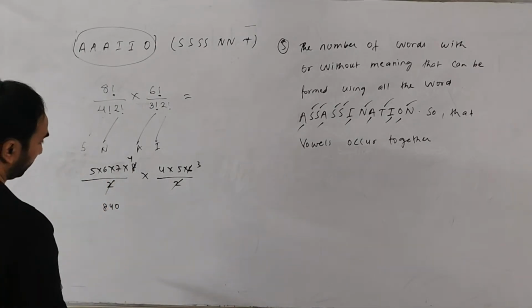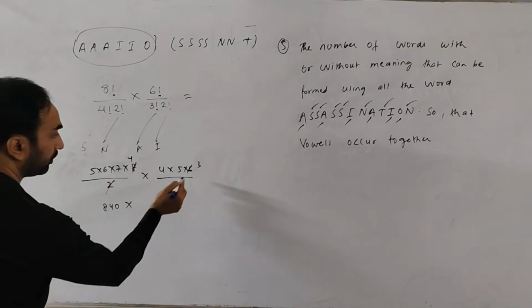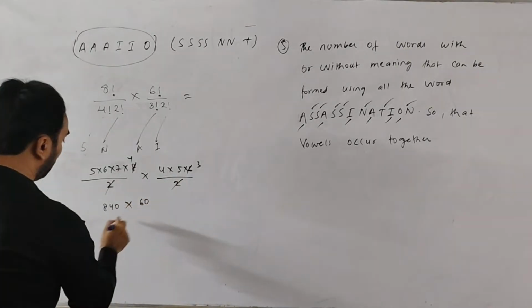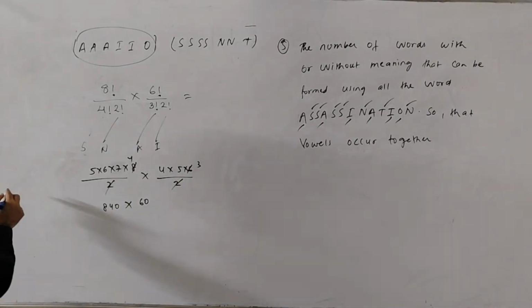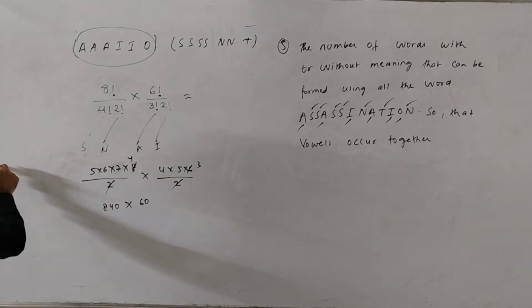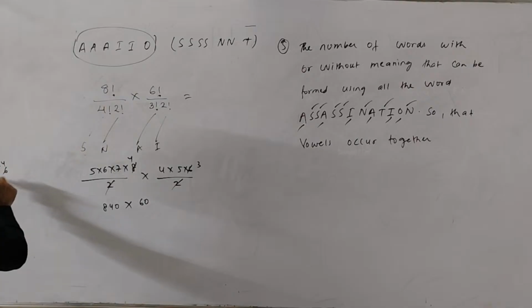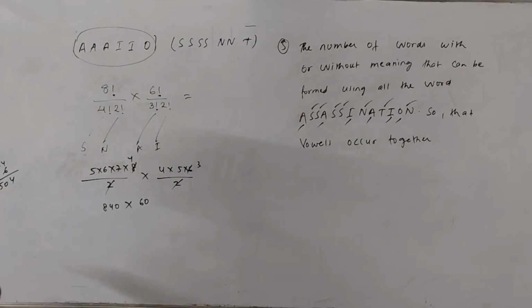120 into 7, 12 7s are 84, into 15, 60. 84 into 6: 8 6s are 48, 4 6s are 24, giving five zero four double zero.